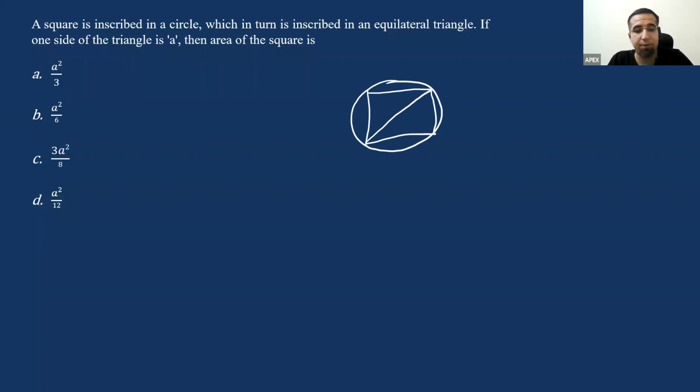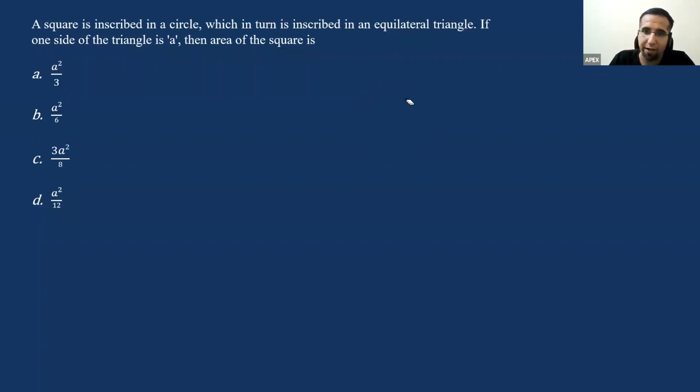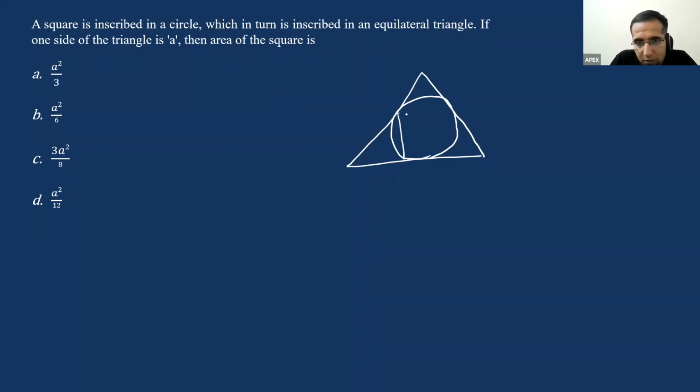And the circle is inscribed in an equilateral triangle. So if you want me to draw this diagram, there's an equilateral triangle. Inside that, a circle is drawn. And inside the circle, a square is drawn. Right? The side of the equilateral triangle is A. I want the side of the square.